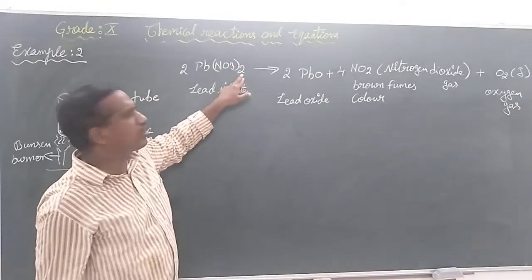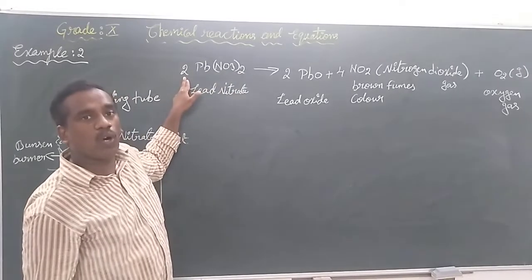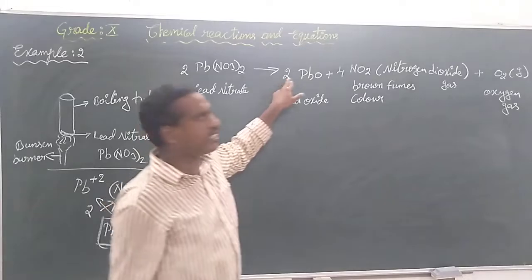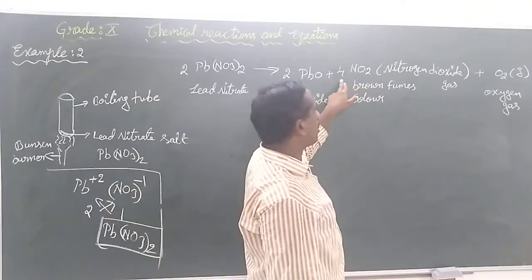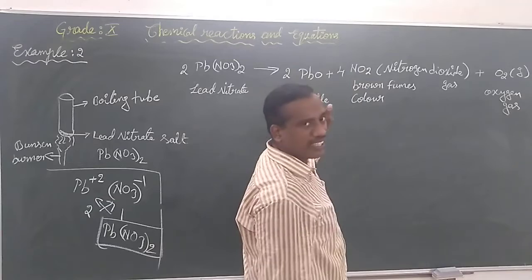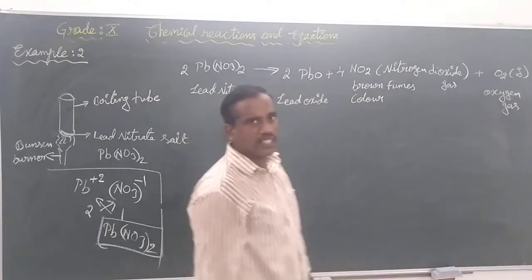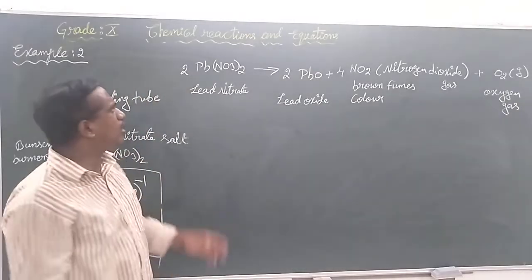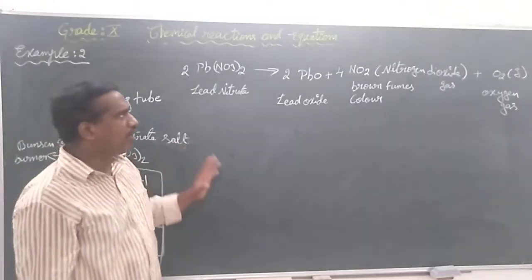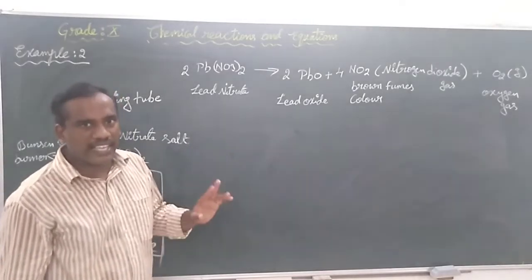Remaining, 3 2s are 6 and 6 2s are 12 oxygens we need to have. There are 2 oxygens here and 2 4s are 8, 8 plus 2 is 10, and the remaining make 12 oxygens. So once we take 2 moles of lead nitrate, we get a balanced equation of lead oxide, nitrogen dioxide, and oxygen gas.